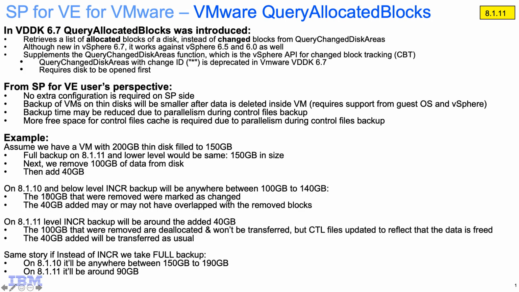In 8.1.10, in this particular scenario, you might back up 100 gig to 140 gig. But in 8.1.11, that number is only around 40 gig. So you can see that there's a significant savings when using this function with Spectrum Protect for VE.